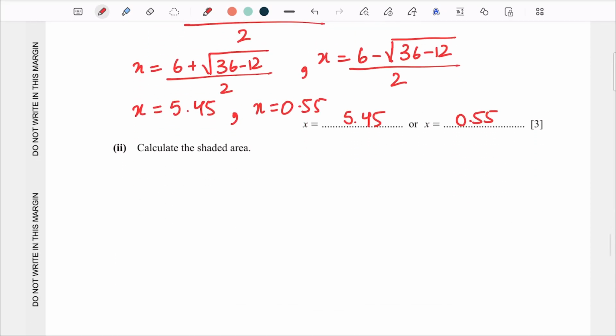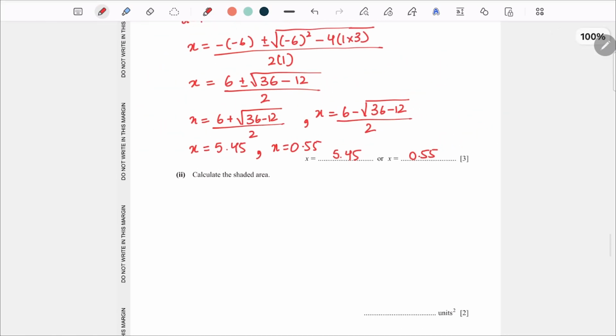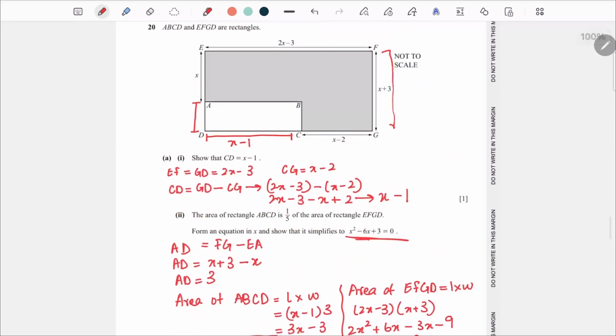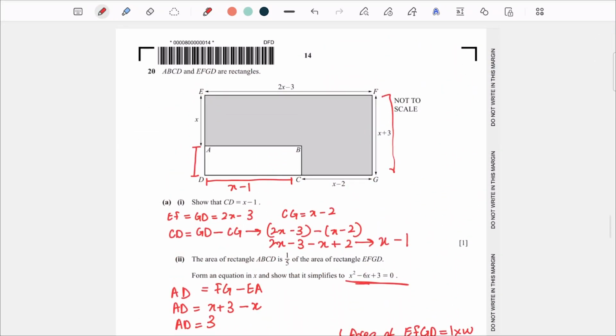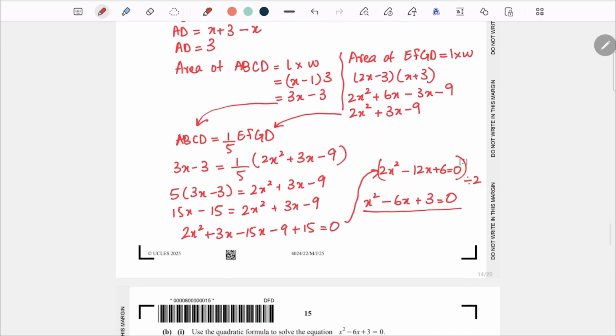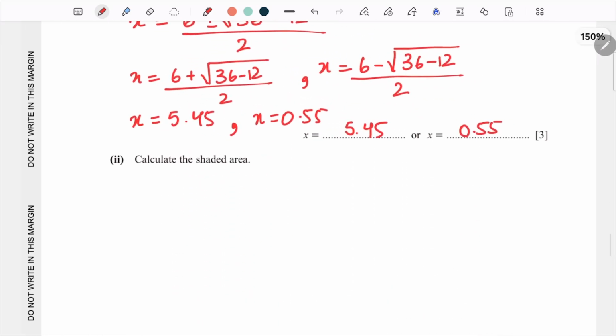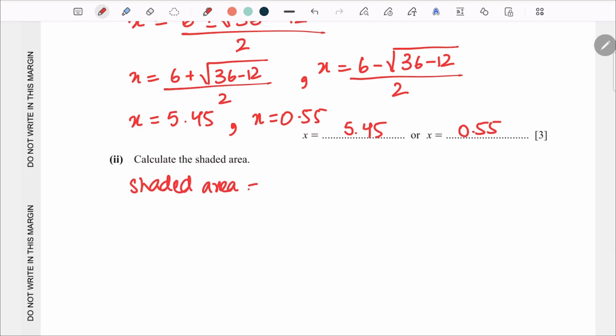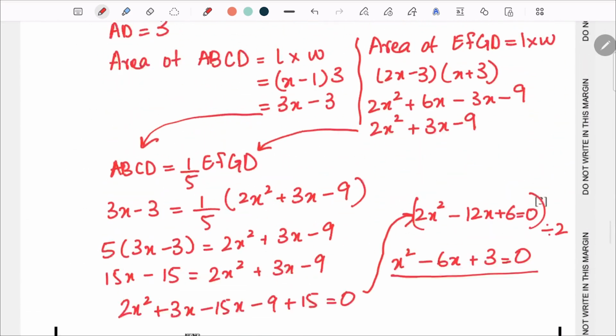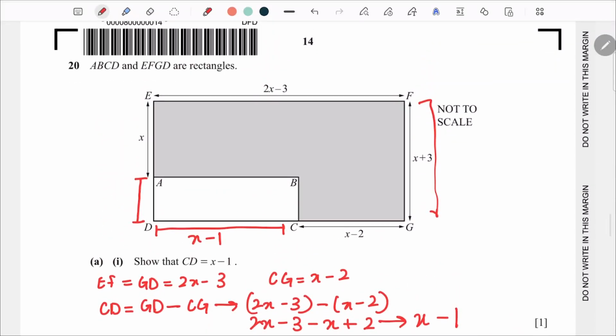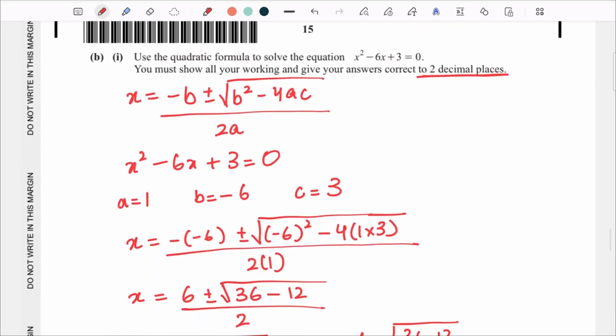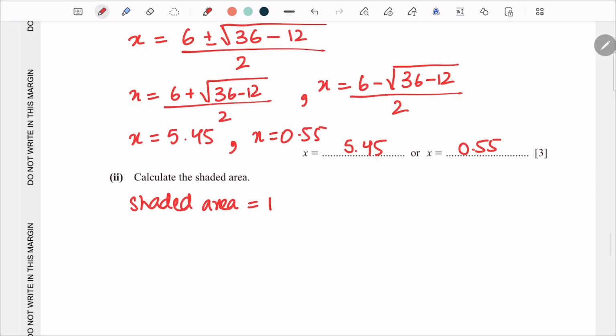Then in B part 2, we have to calculate the shaded area. The shaded area in the question was EFGD subtracted by ABCD. So to calculate the area of the shaded area, we need to subtract the area of EFGD, the larger rectangle, by the smaller one.